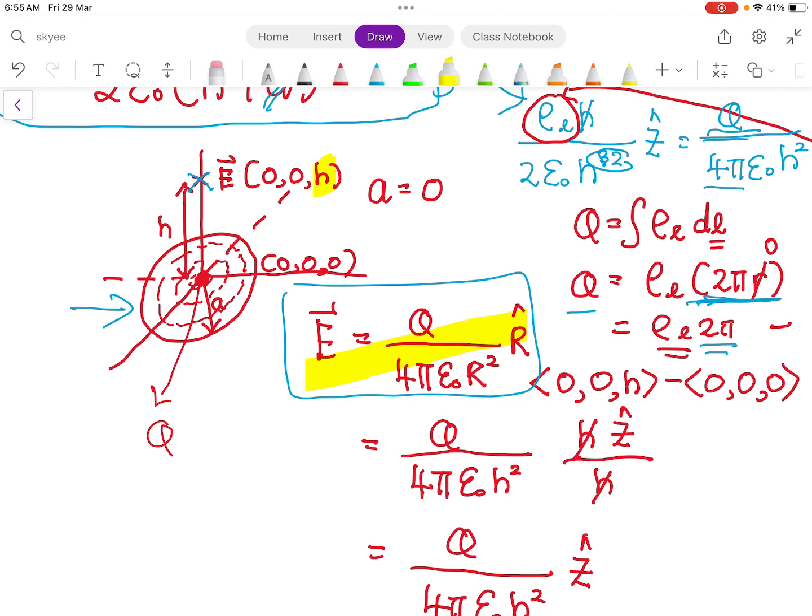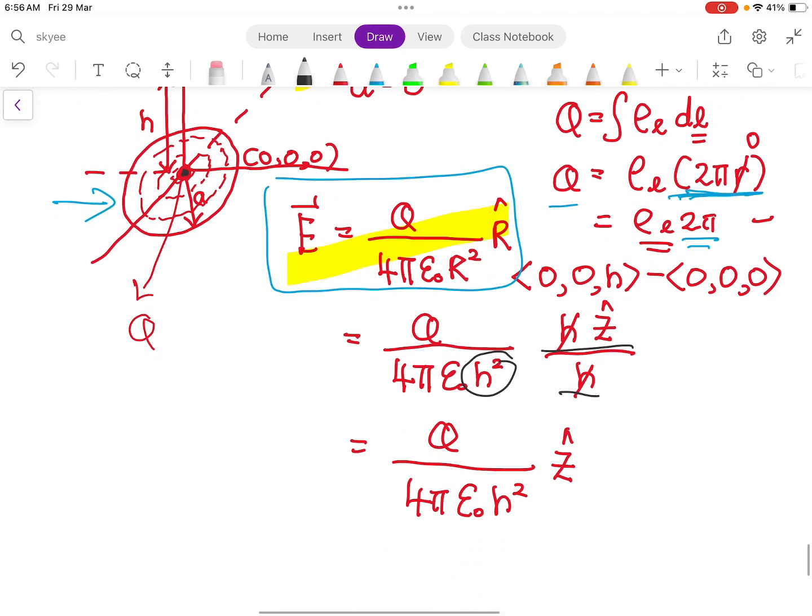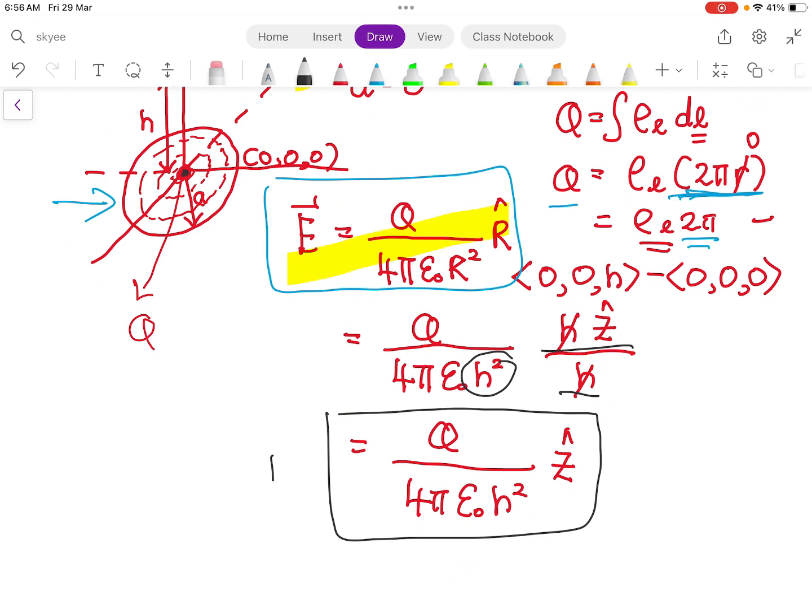So you take the 0, 0, h minus the position at the center here. You will get h in the z direction, and divide with the magnitude, h square over here. Then you get this as the electric field.